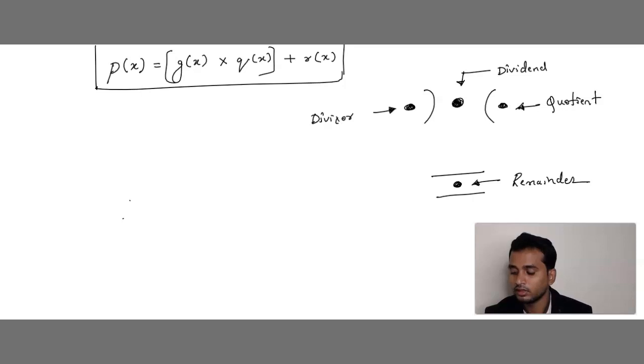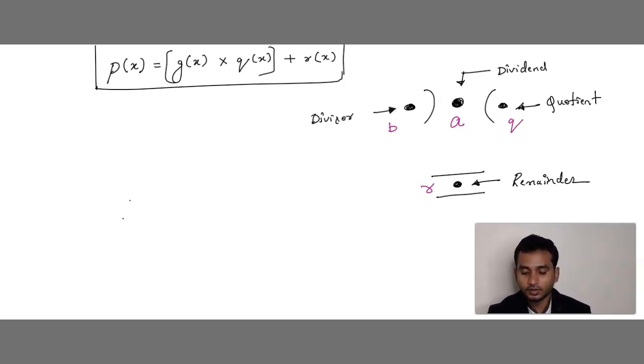Correct now children? For Euclid division lemma for integers a and b, we call this a, this b, this q, and this one r. A is dividend, b is divisor, q is quotient, and r is remainder.